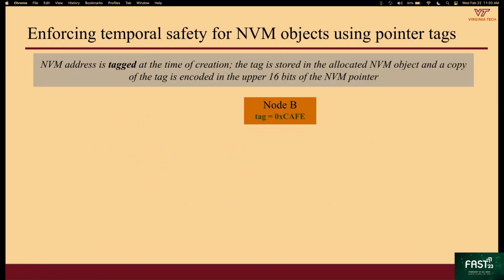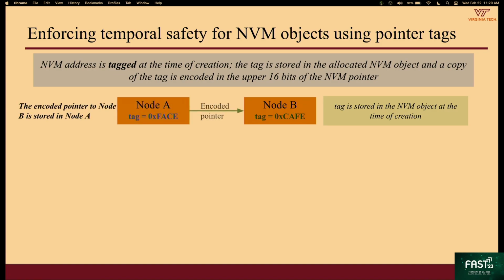For that purpose, we have pointer tags. Whenever an NVM object is allocated, in this case node B, it is assigned a unique tag, and the same tag is also encoded in the object's pointer. Let's see how this encoding works. Let's assume this is an example of node B's address, and we have a tag.